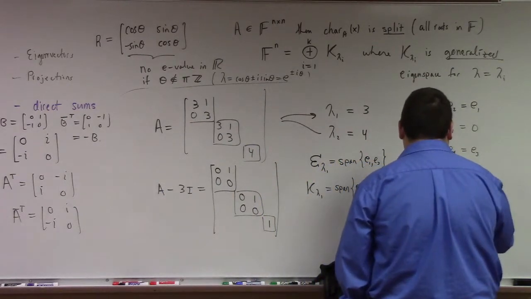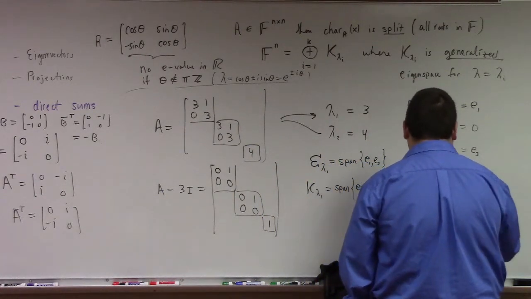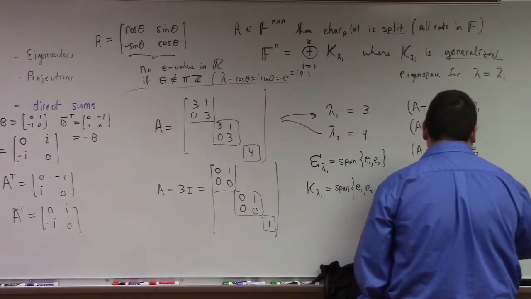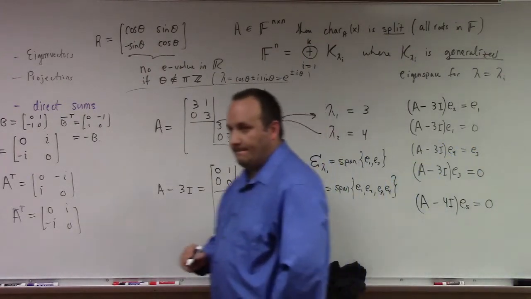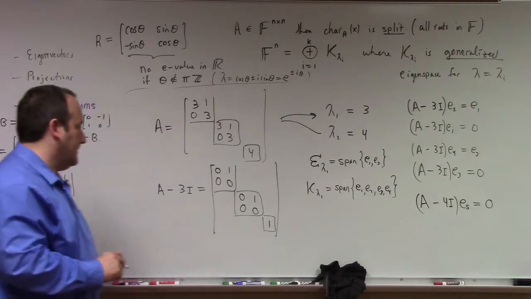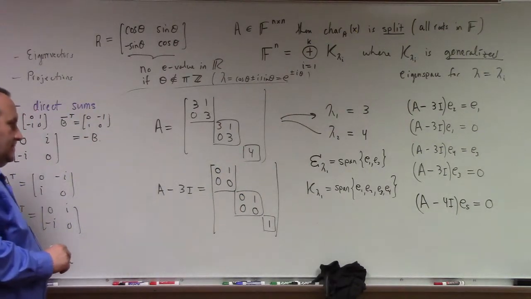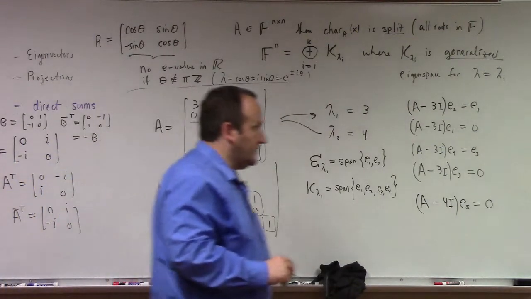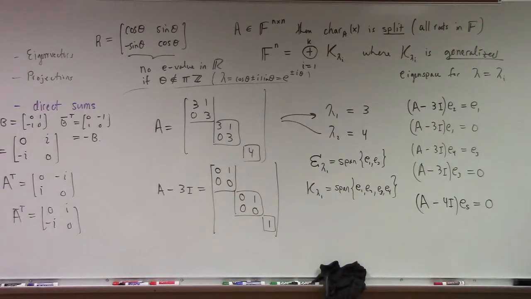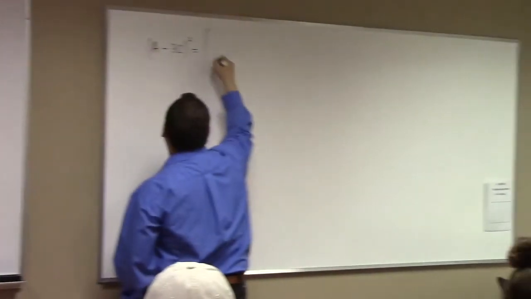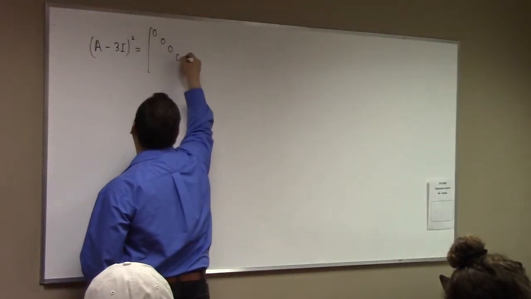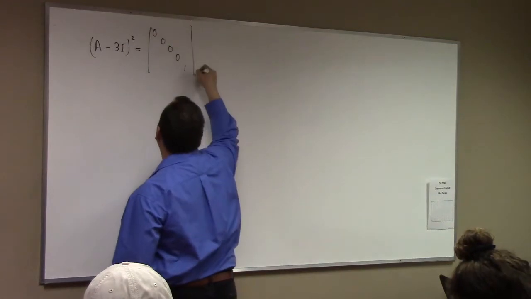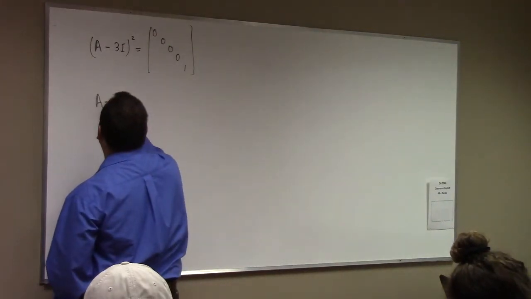A minus 4i, right, times E5 equals 0. So if you look at it, a minus 3i squared is what? And what's a minus 4i?